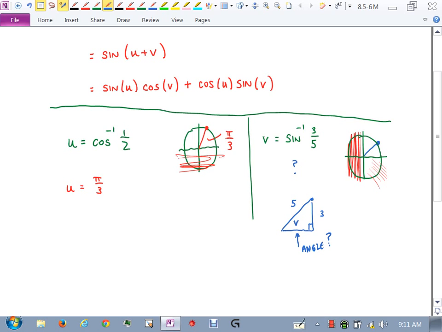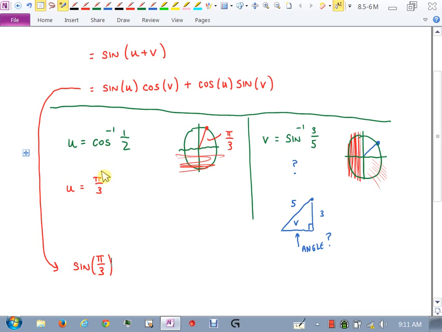But let's just proceed through the problem and see if we can address this, all right? This one we got, pi over 3, we're happy. This one, don't know. So let's go back to what we wanted to find, which is this. Are we going to be able to find what sine of U is?